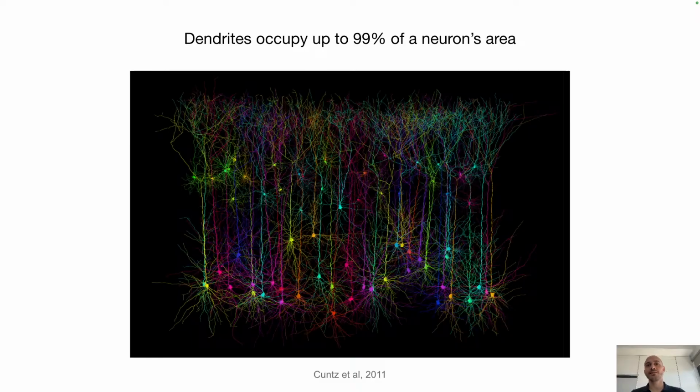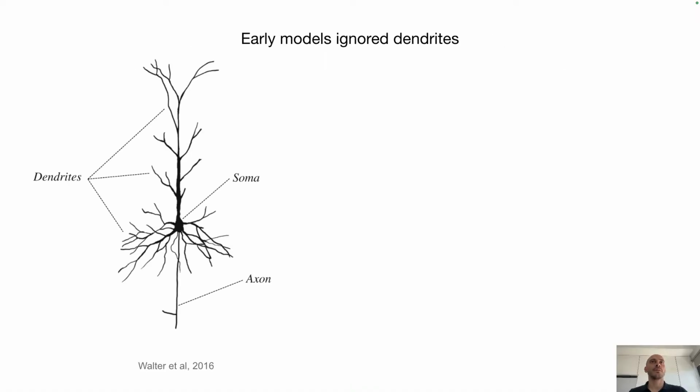But the reality couldn't be further apart. Dendrites can occupy up to 99% of a neuron's surface area. Technically, a neuron is its dendrites, and there's a lot going on inside these fine structures that goes unnoticed in current SNN modeling.